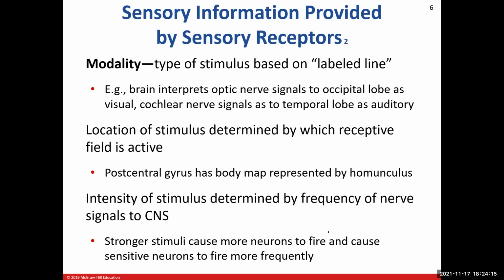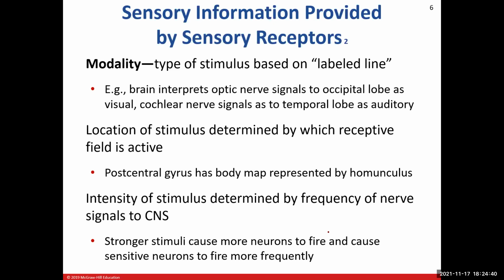If you're getting touched on the face, then that sensory information winds up on the sensory homunculus in the postcentral gyrus that is allocated for your face. So it really depends on what area of the postcentral gyrus, and this is how your brain knows where the location is of that stimulus when we're dealing with, for example, tactile senses.